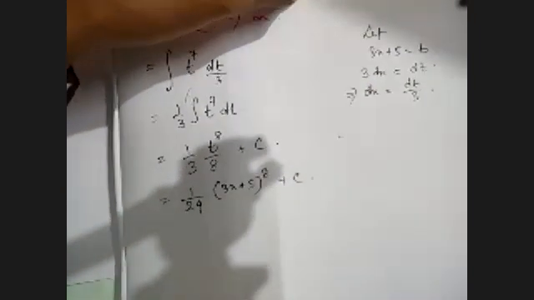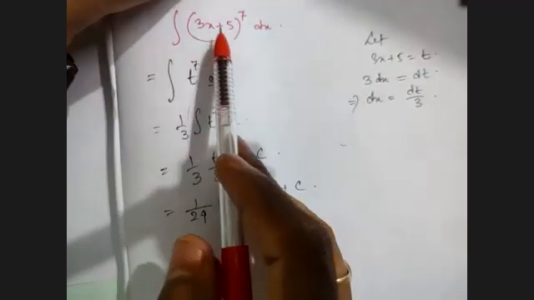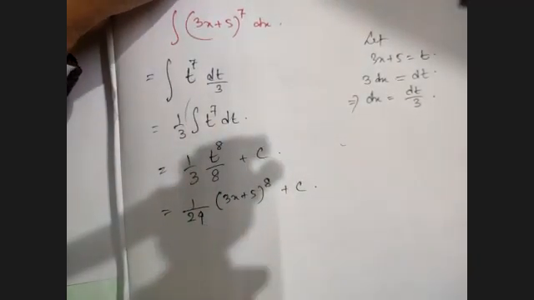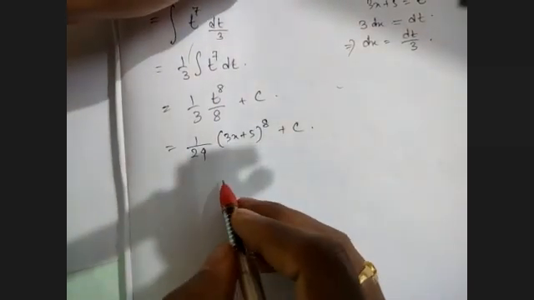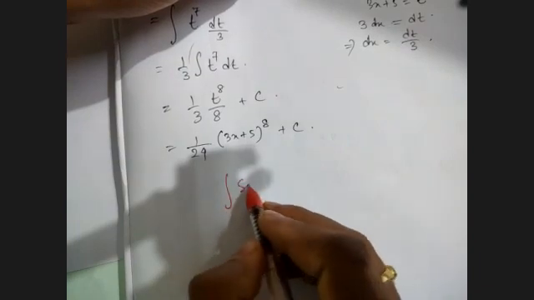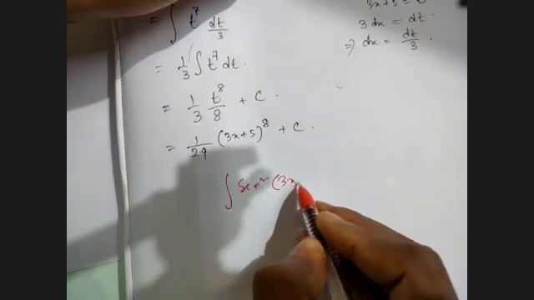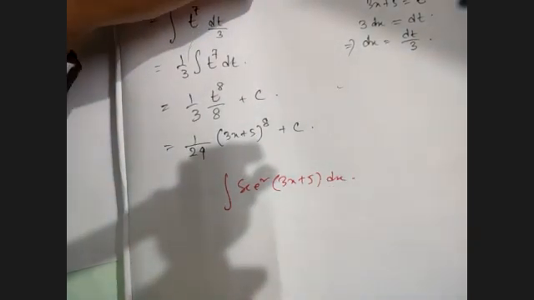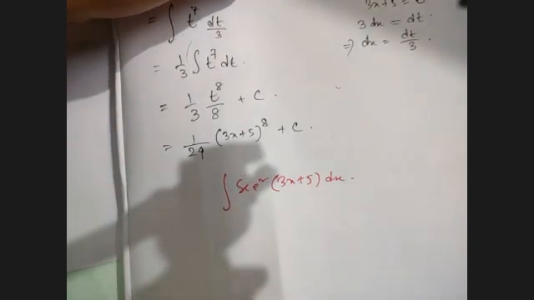So that means the coefficient of x will be in the denominator. Yes. Coefficient of x, that means the differentiation of the variable, will come in the denominator. Directly also you can do it, like if you are doing integration of sec square 3x plus 5 dx.